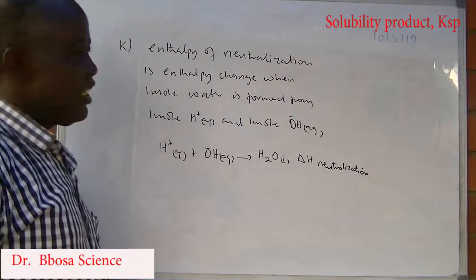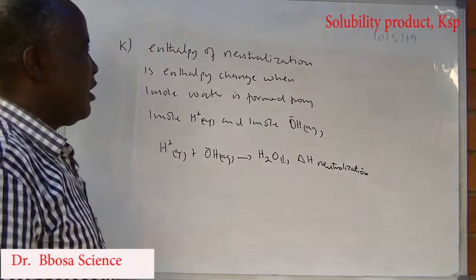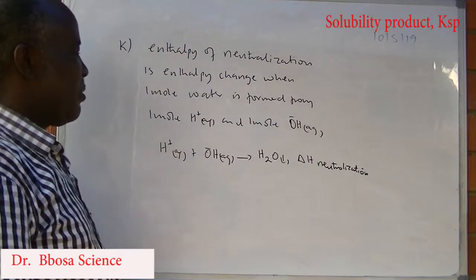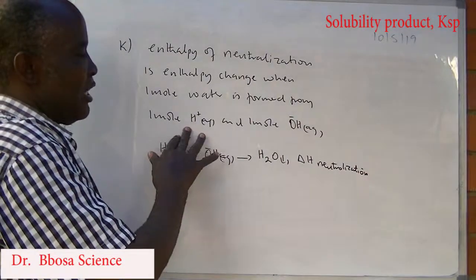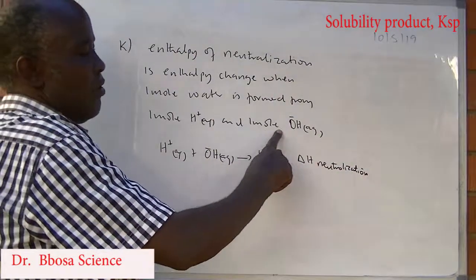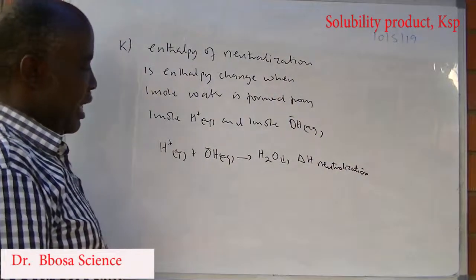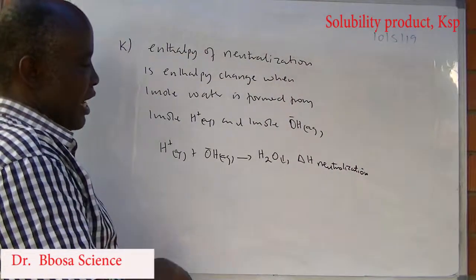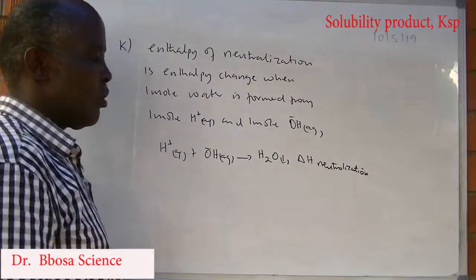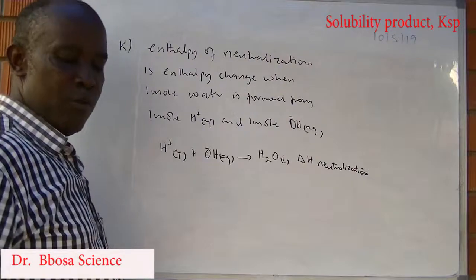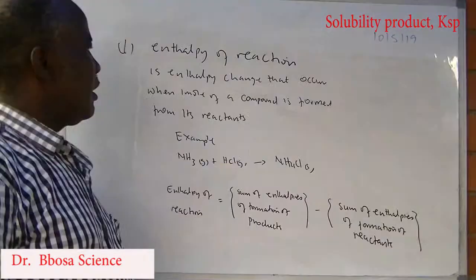Enthalpy of neutralization is the enthalpy change when one mole of water is formed from one mole of aqueous hydrogen ions and one mole of aqueous OH ions. Hydrogen ion aqueous plus OH aqueous gives one mole of water.